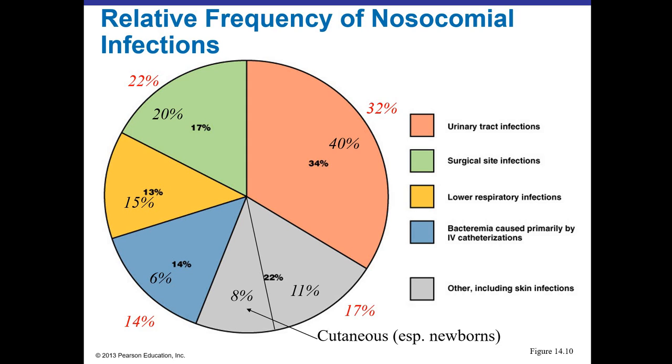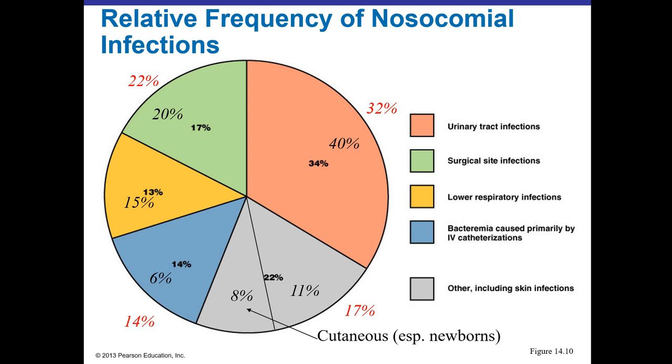They're quite common because people often have to be catheterized for surgeries or other procedures. This is followed by surgical site infections, anywhere from 17 to 22%. Again, this makes sense. You're giving organisms the opportunity to get into those surgical sites, and once they do, causing infection is much easier.